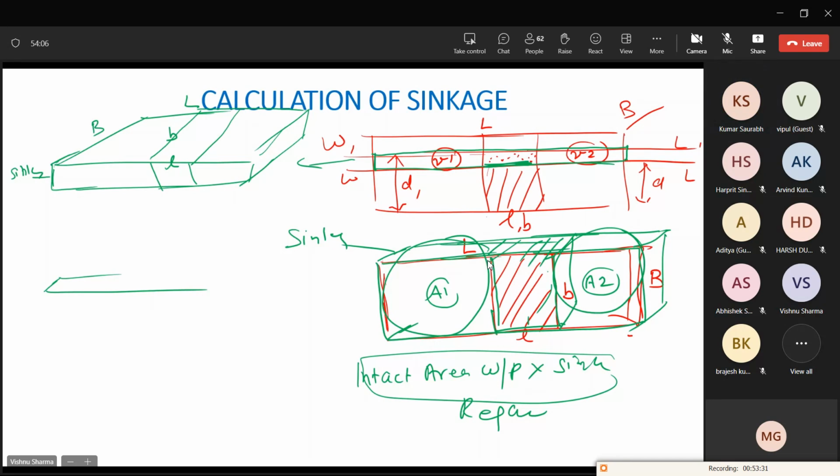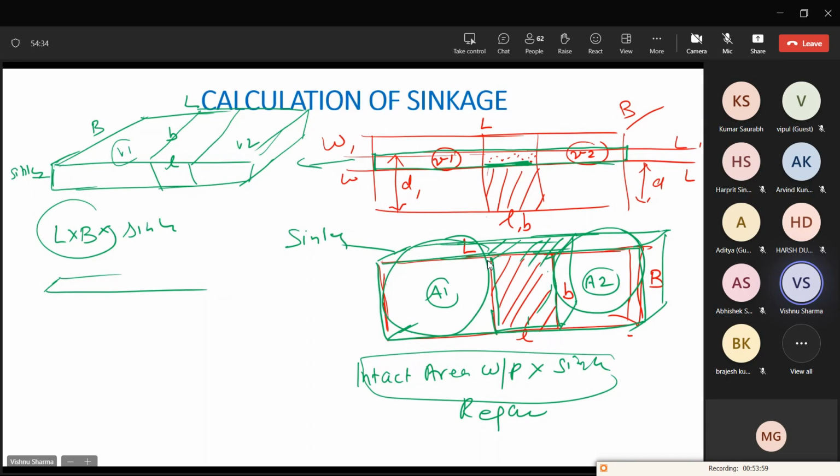Yes, sir. If I ask you the remaining volume, you will say, sir, add V1 and V2. Perfect. But don't you think the easier way would be this: the volume of the whole book was L into B into sinkage. What was L into B? That was the area of the whole page. Am I right?